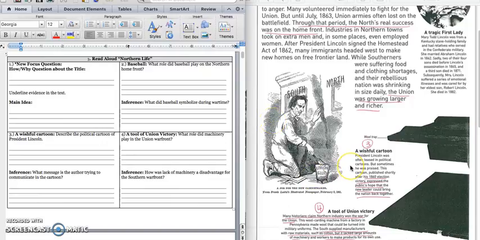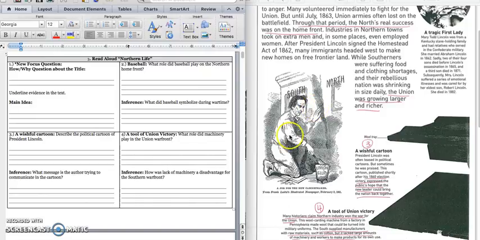And so let's read the caption. President Lincoln was often teased in political cartoons, but sometimes he was praised. This cartoon, published shortly after his 1860 election victory, expressed the public's hope that the new leader could bring the nation back together. And so in box 3, it says, describe the political cartoon of President Lincoln.